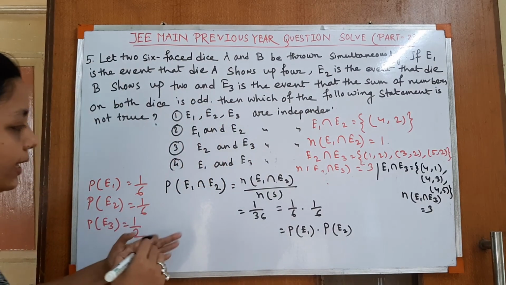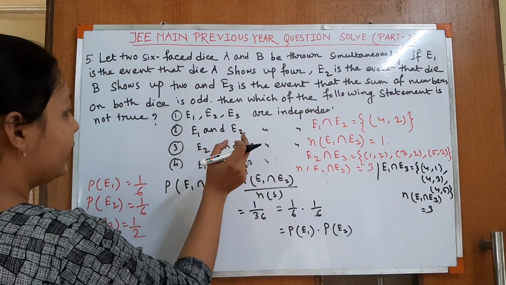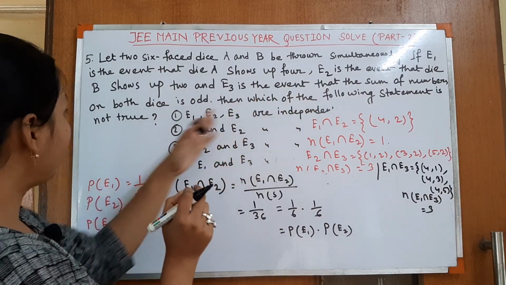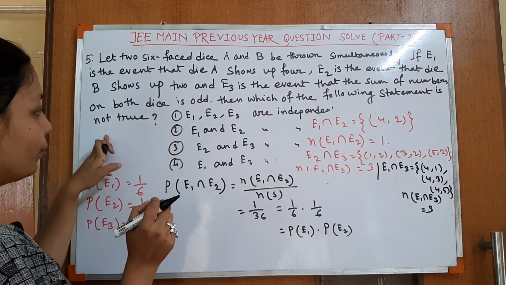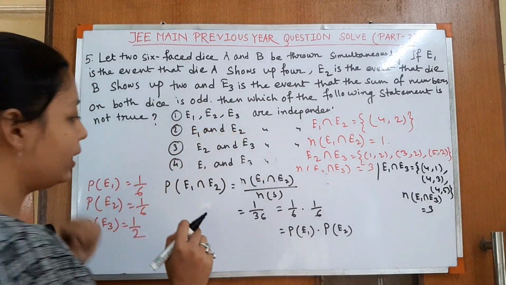So we say that E1 and E2 are independent. Here we have to find which statement is not true. E1 and E2 are independent, this is a true statement.